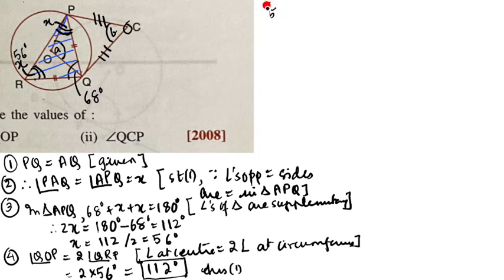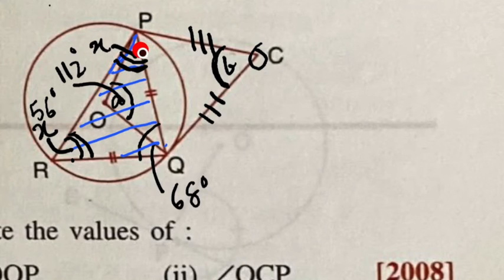Statement number 5. Now that we got this A as 112, this 112 will be connected with this B. For that we will see PC is the tangent and PO is the radius at the point of contact. So this angle is going to be 90 degrees. Same way OQ is perpendicular to this tangent QC.